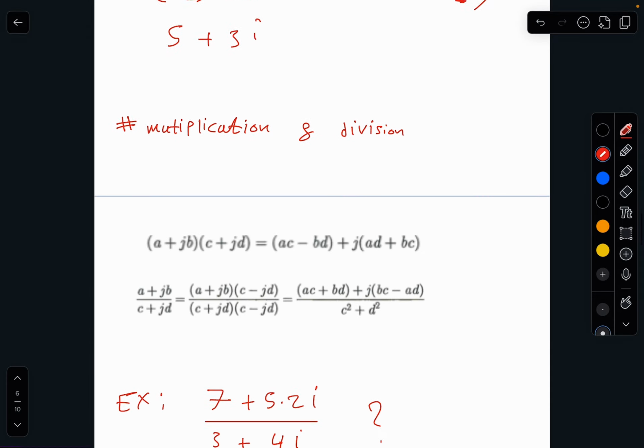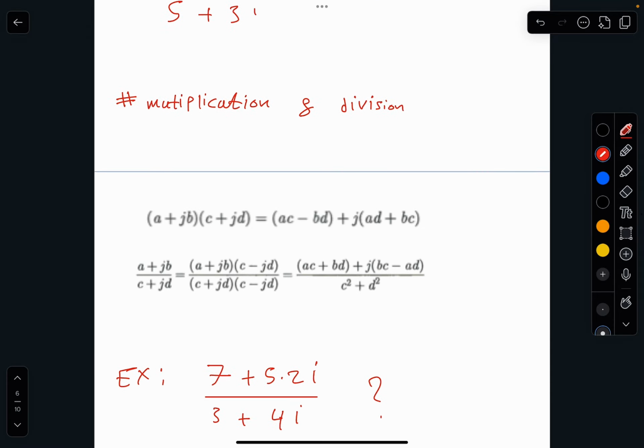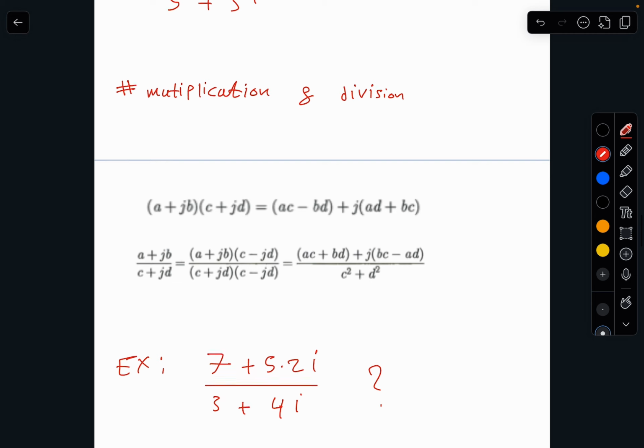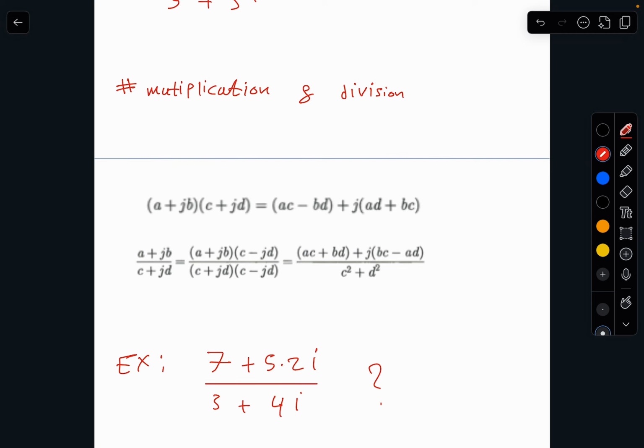Same thing with subtraction. Something else we see is multiplication and division. In multiplication, let's say we have here a, and here the imaginary part, and here c, and here the imaginary part. So we multiply this with this, and this with this, then this with this, and this with this.